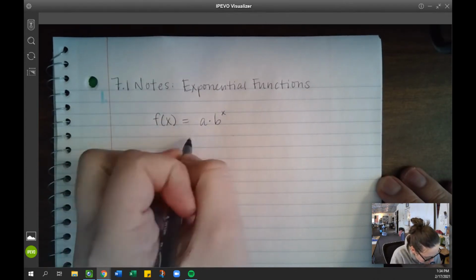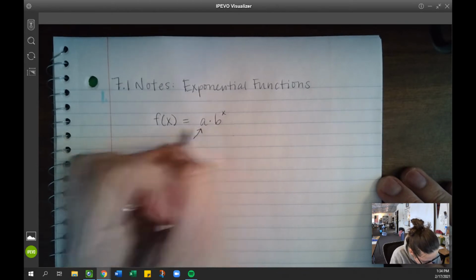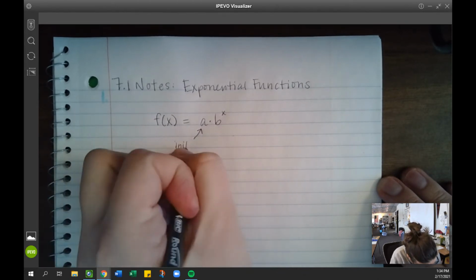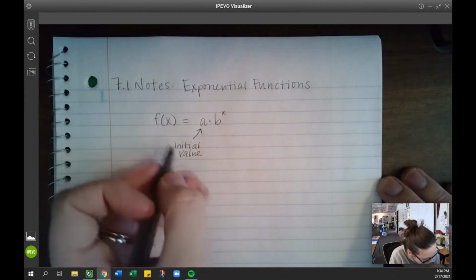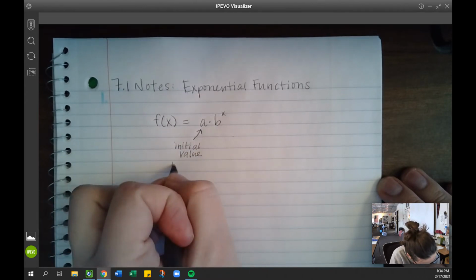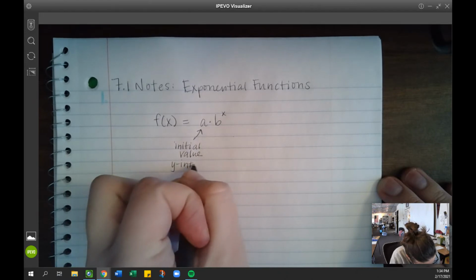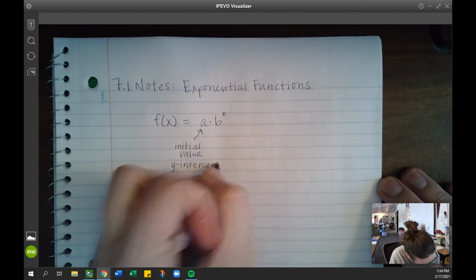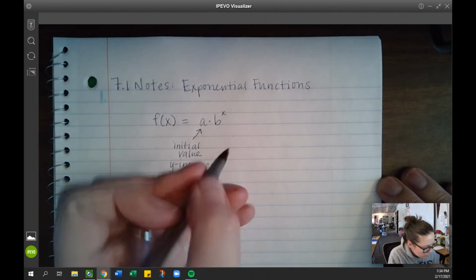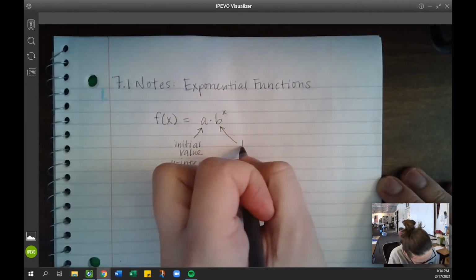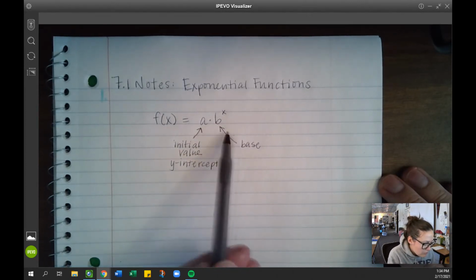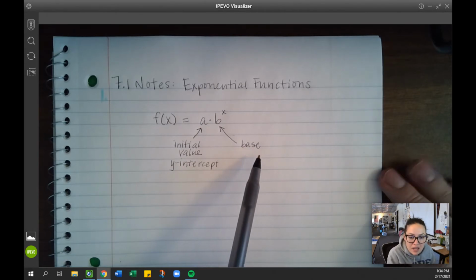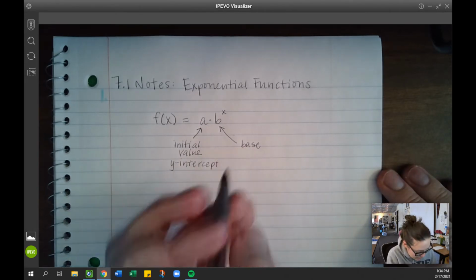Okay, so a is our initial value, and this will also tell us the y-intercept. B is our base. And the value of b tells us whether we have growth or decay.